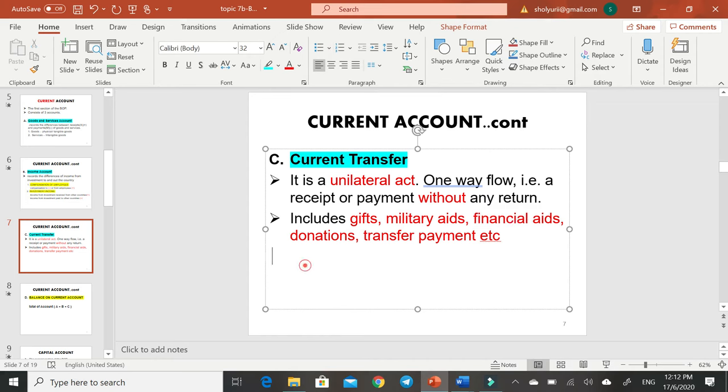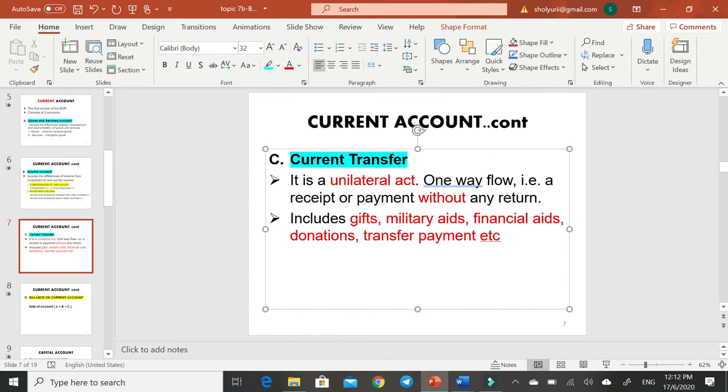But if it specifically says, due to the tsunami in Indonesia, Malaysia has sent financial aids to Indonesia. Now we want to help Indonesia overcome natural disasters, which is the tsunami. We are sending financial aids to help them. Indonesia doesn't pay anything, right? This is one-way flow, we call it current transfer.